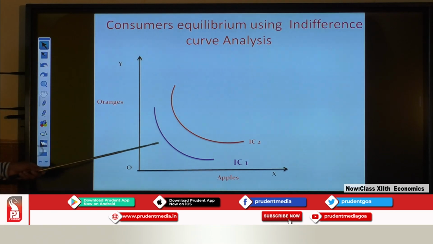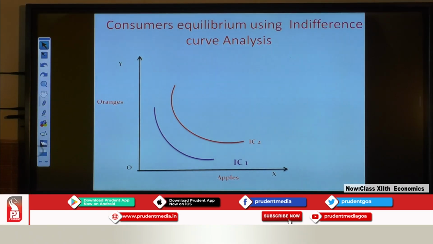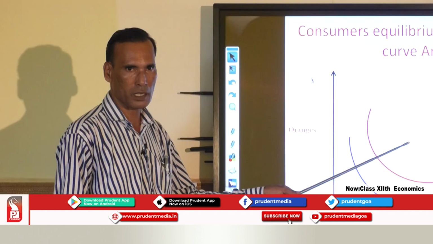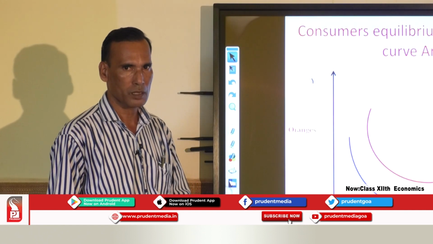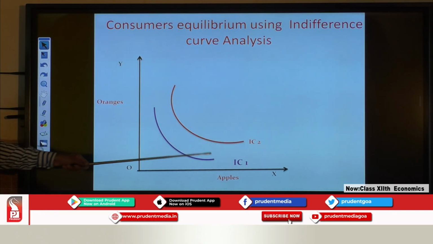Now the difference here, a rational consumer will always prefer indifference curve 2. As I explained to you earlier, higher is the indifference curve, higher is the satisfaction a consumer derives. So naturally, a consumer will prefer IC2 to IC1.